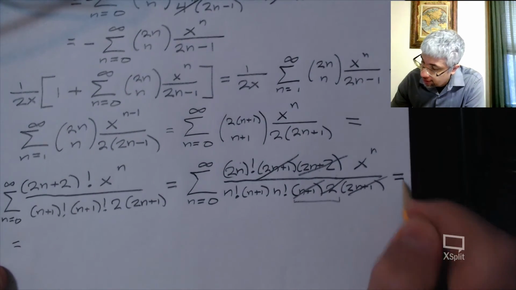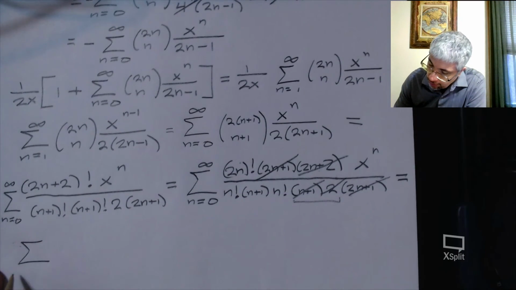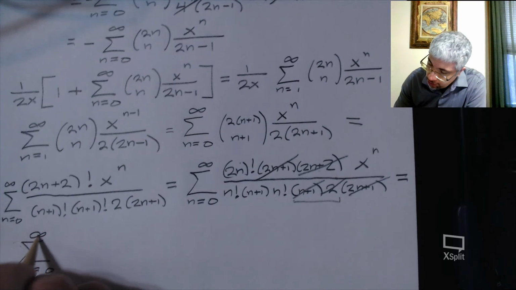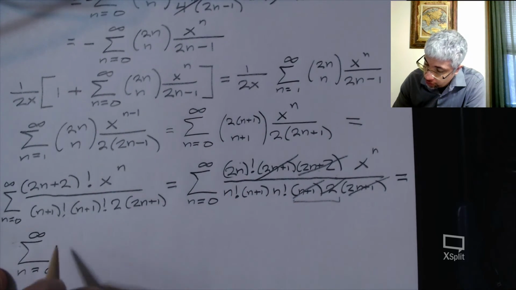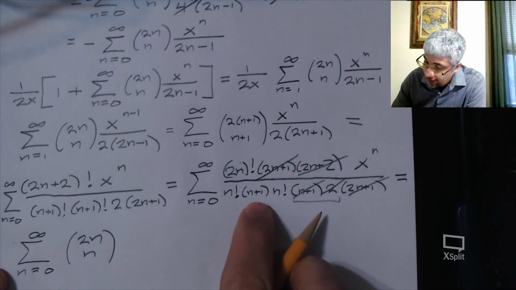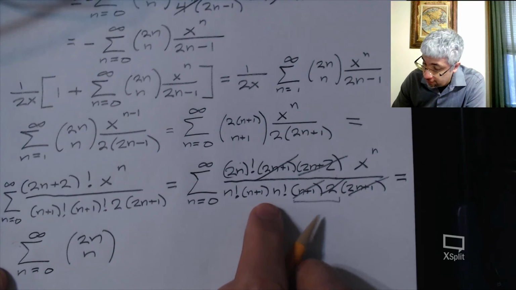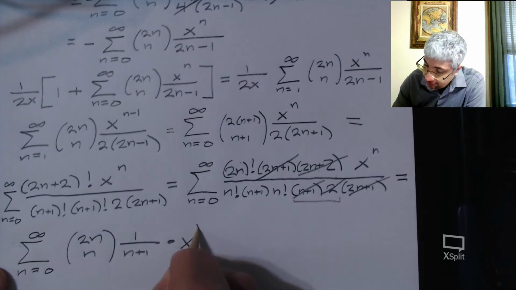It leaves me with the sum from n equals 0 to infinity of, well, I get a 2n factorial over n factorial squared. That's 2n choose n. And I have a single n plus 1. So I get a 1 over n plus 1 times x to the n.